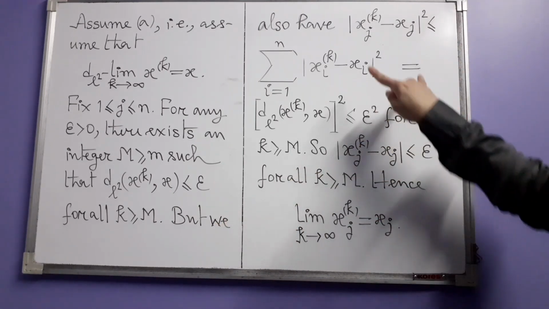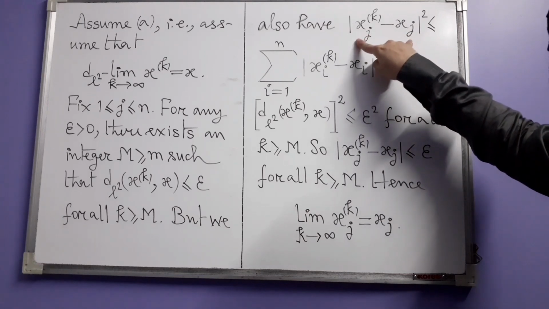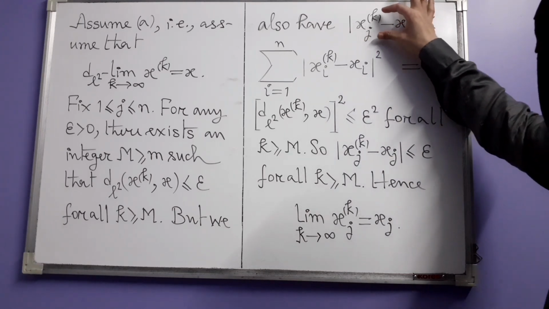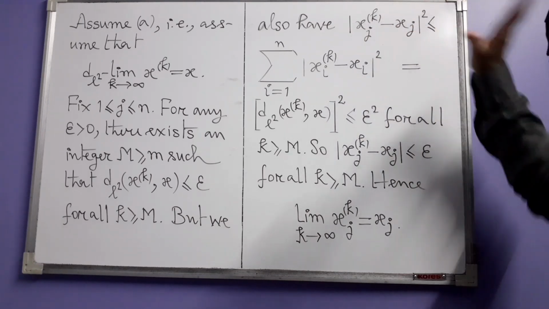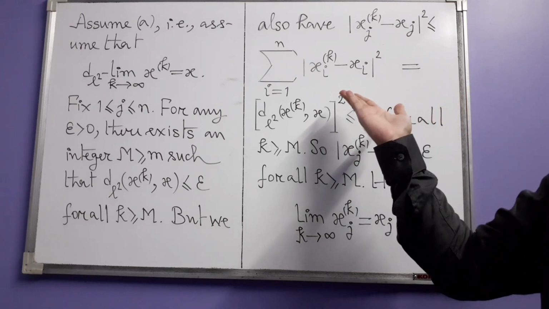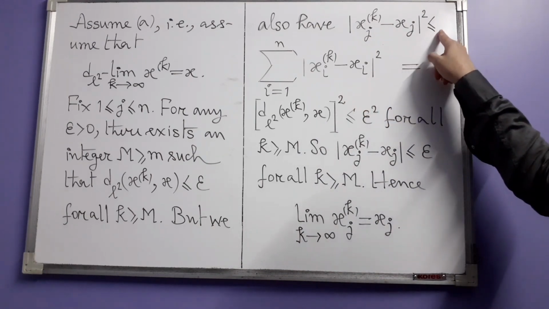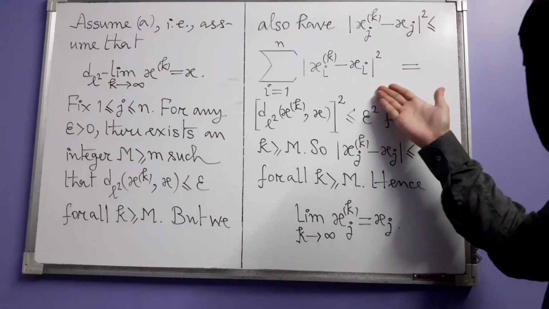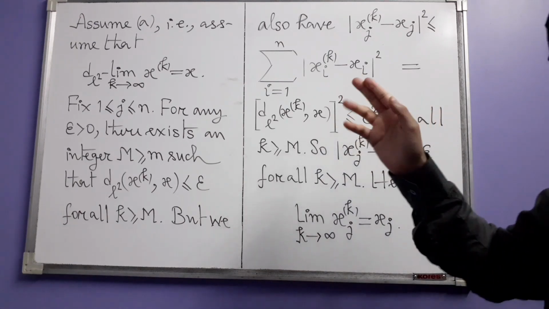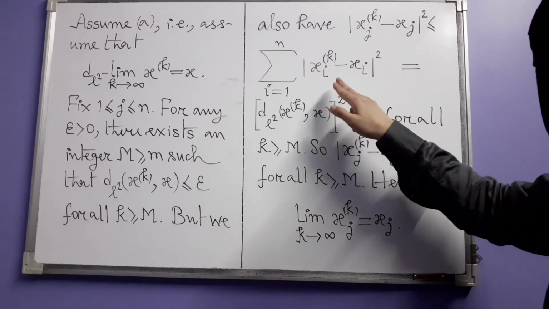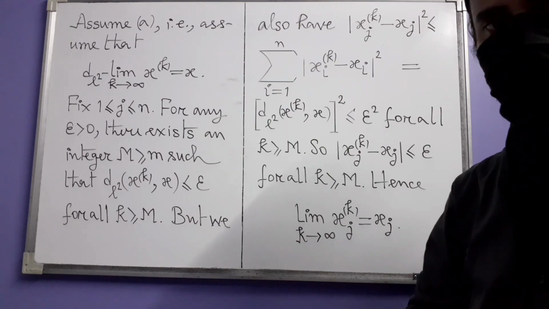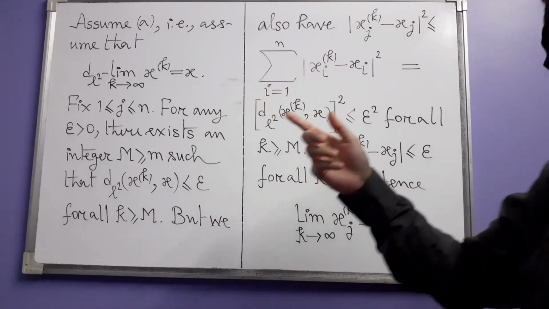So we consider the square of the distance between the real numbers xjk and xj, which is this. That of course is less than or equal to this sum, where instead of simply having that j, we have all the i's, where i varies from 1 to n.